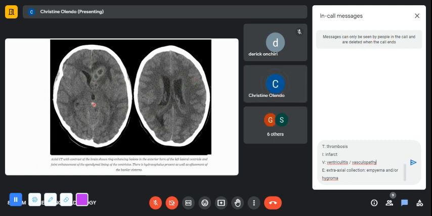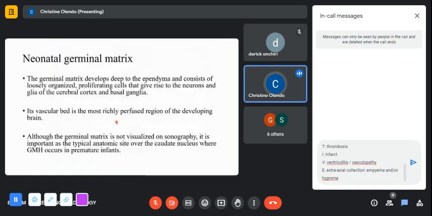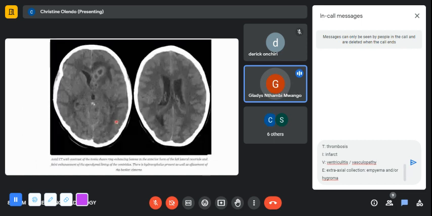So which cistern would be there? Yes, exactly, it's effaced. So we'll shift gears, and also the third ventricle is dilated.